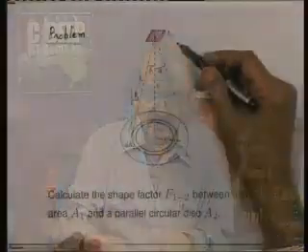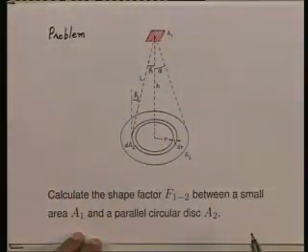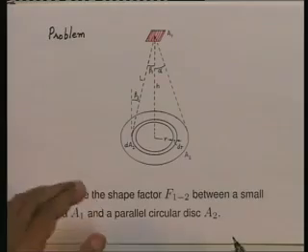All right, that is what we are talking about. We would like to calculate F1 to 2. We are going to use obviously the formula which we derived for shape factor between a small area A1 and a large area A2. So, what is the formula? Let me just put that down.